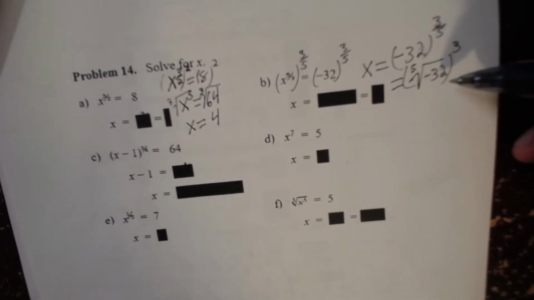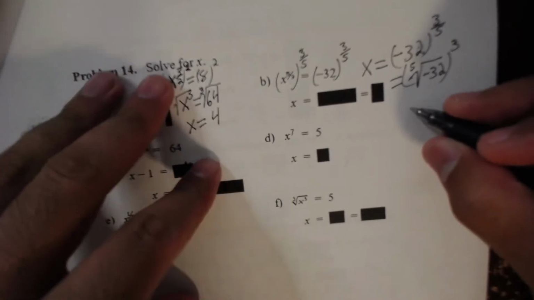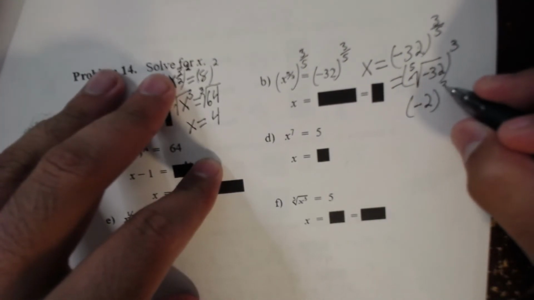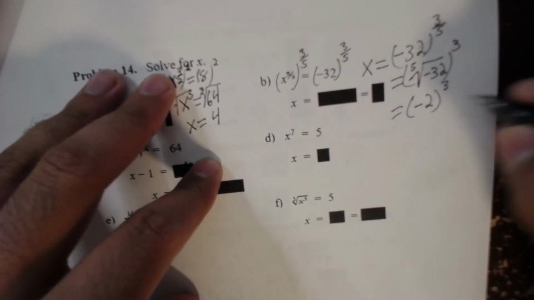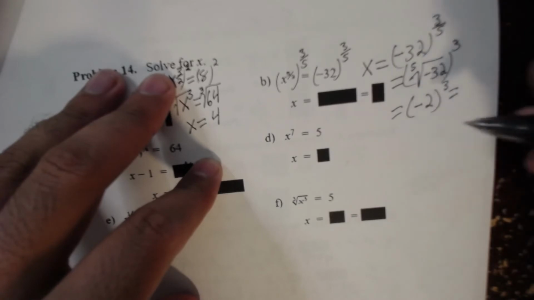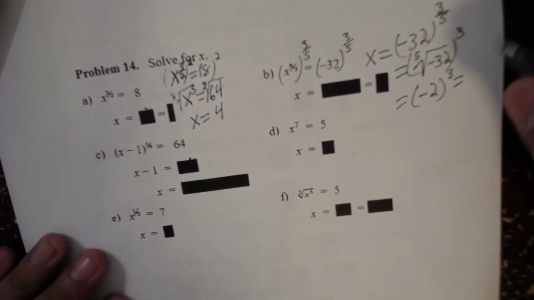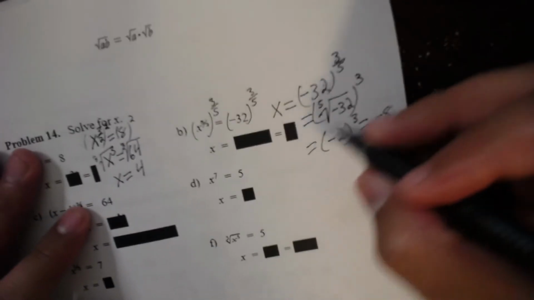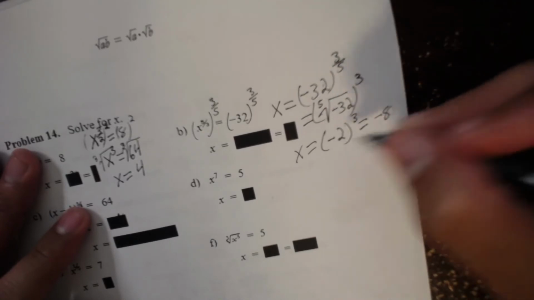What's a number that, when you multiply it with itself 5 times, gives you 32? The answer is -2. And then you raise it to the third power. What is -2 to the third power? It is -8. So x is equal to -8.